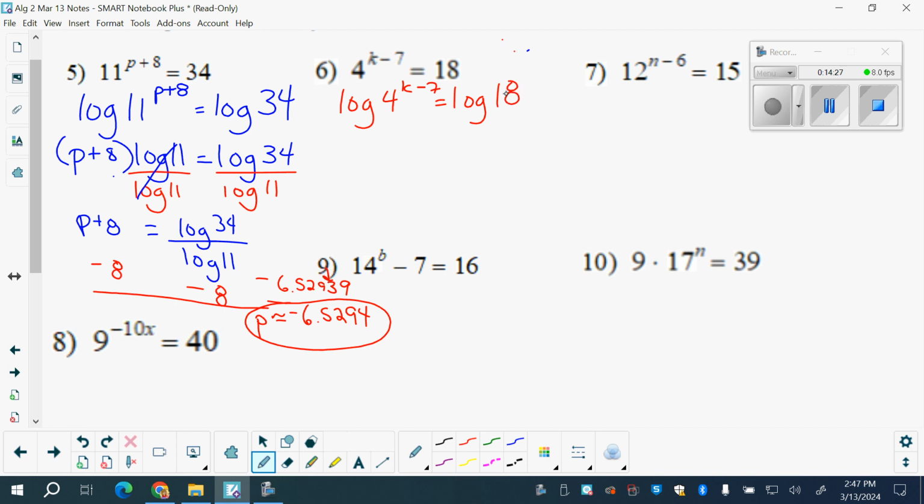So what next? Do something with that exponent. Move it to the front. So it's k minus 7 times log 4 equals the log of 18.